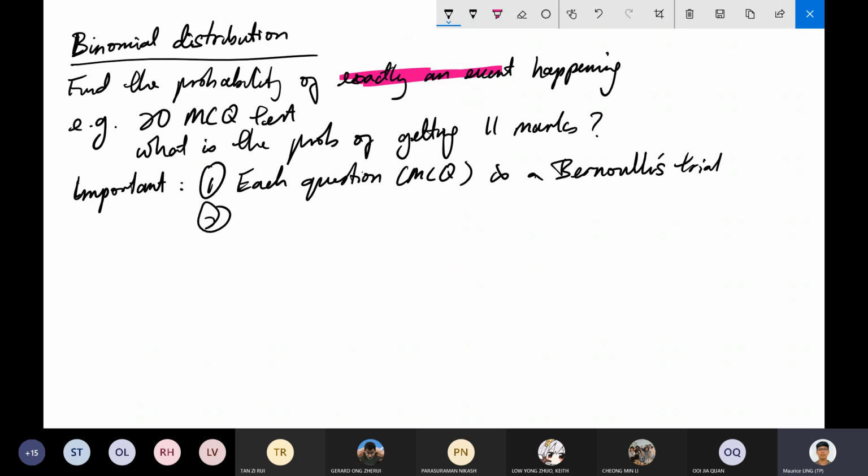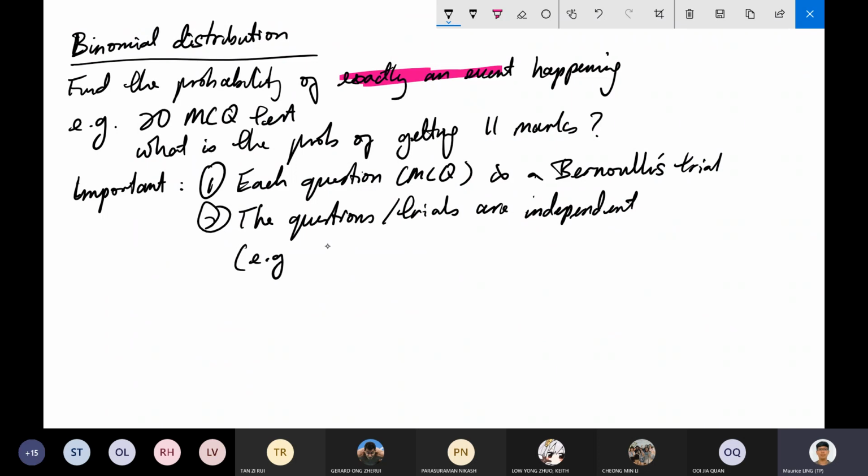The second thing is that the questions or the trials are independent, meaning that, for example, question 5 does not affect question 6.